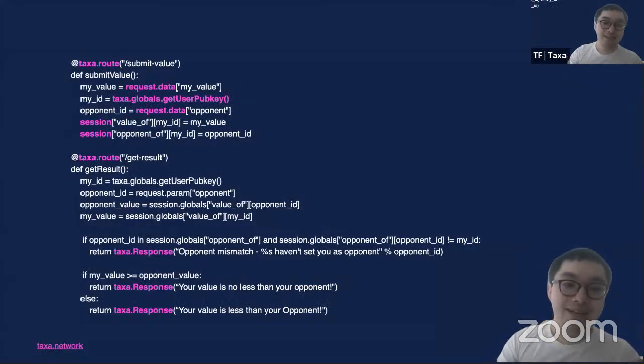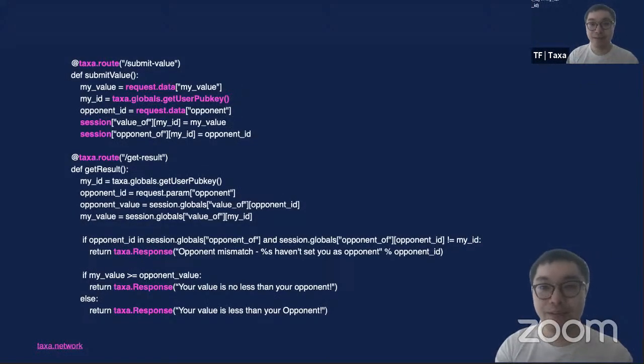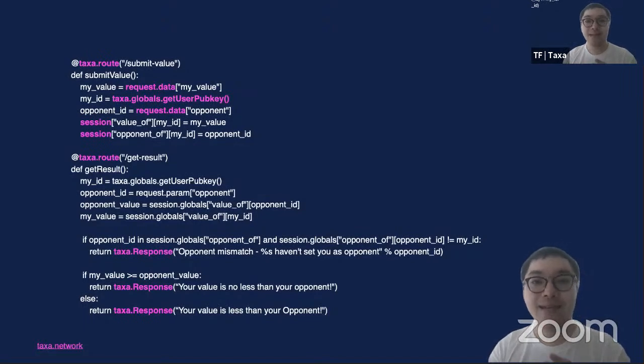So here's the example for the millionaire problem. It's a very straightforward implementation, just like you're building a centralized service. You can handle the URL request using different functions. You can receive the user request data, temporarily store it, and then use response to send back the result. And it's basically like a Web 2.0 application.